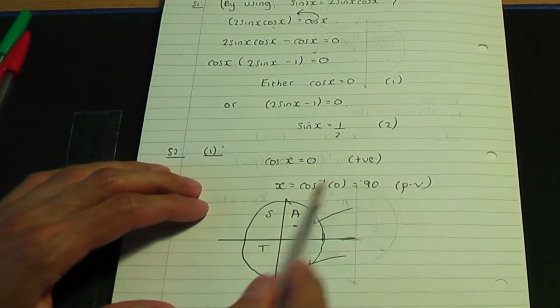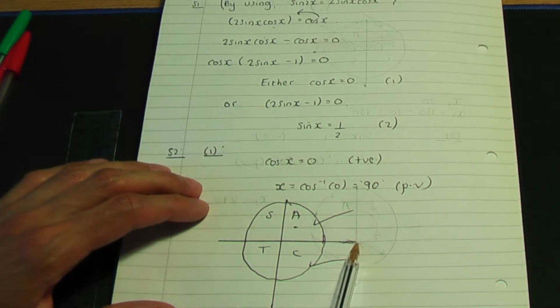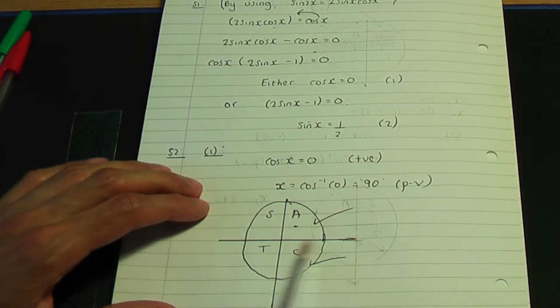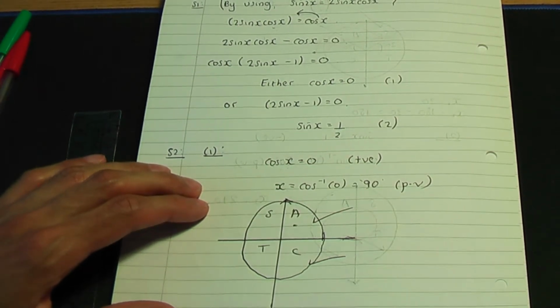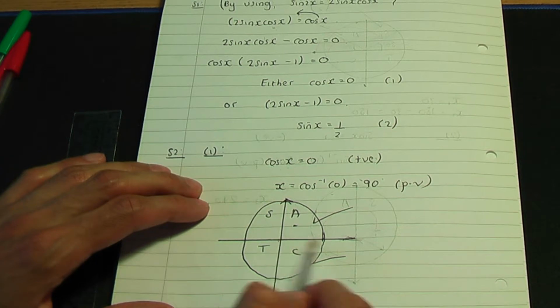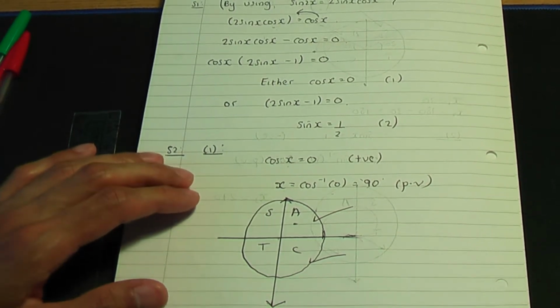When plotting it on our CAST diagram, measure it from the horizontal. 90 degrees from the horizontal in quadrant 1 is this line here, and 90 degrees from the horizontal in quadrant 4 is represented by that line there.